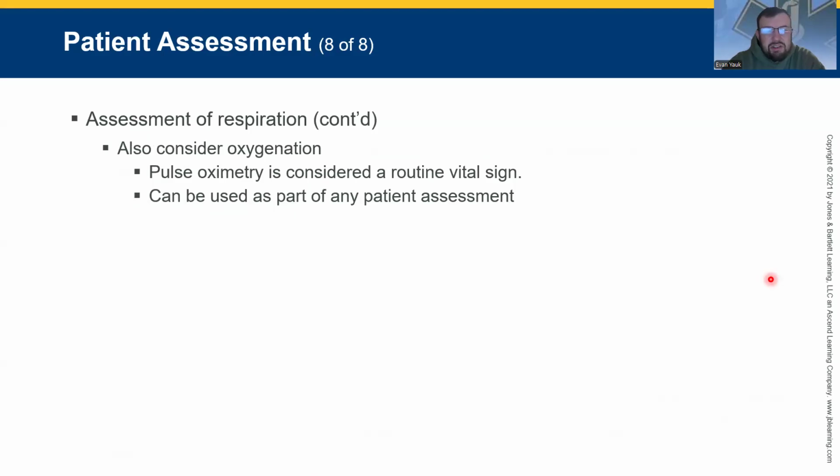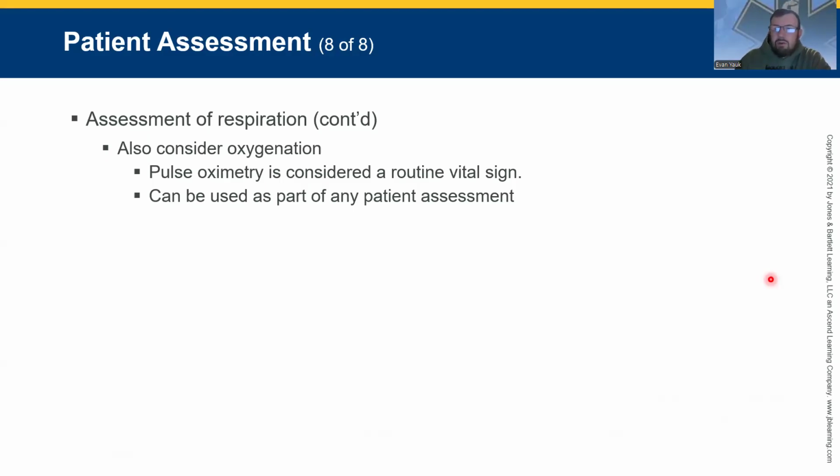Also consider oxygenation. The pulse oximetry is considered a routine vital sign. It can be used as part of any patient assessment, and it should be. We have a patient assessment and we do our skill sheets, but I'm going to tell you right now that one of the first things I do if I walk in on a respiratory call is make contact and put that pulse ox on them before I do anything else, because I can be reading that pulse ox while I'm getting my history and doing my patient interview.